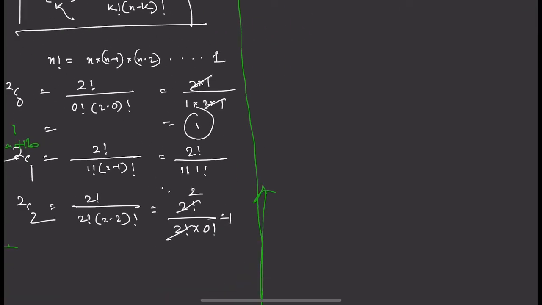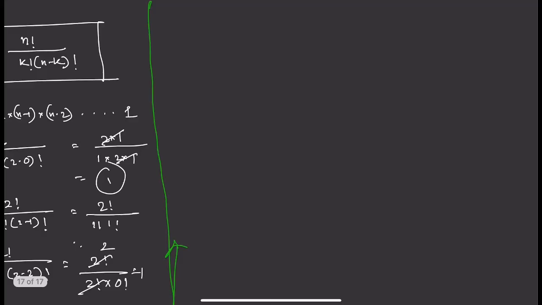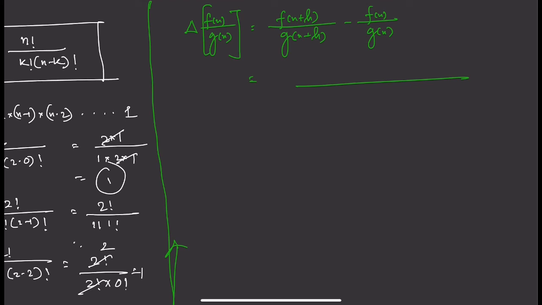You can see here what is given to us: Δ of f of x by g of x. By the definition, this is f of x plus h by g of x plus h minus f of x by g of x. Now we go for the LCM, g of x plus h into g of x. By cross multiplication, g of x into f of x plus h minus g of x plus h into f of x.